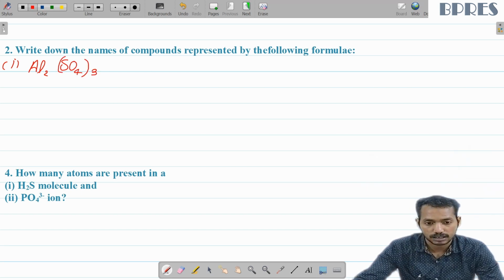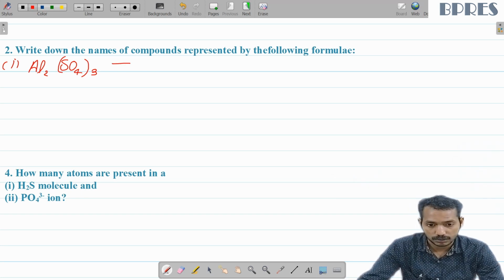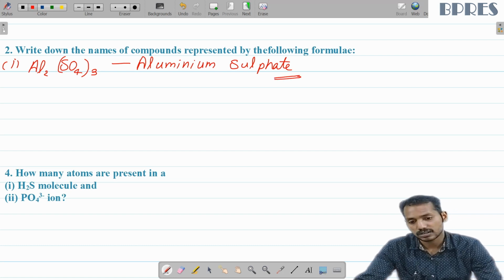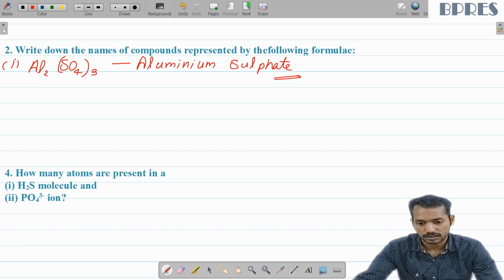What is the chemical name of the compound? Al is aluminium. What is SO4? No need to look at this number, only this one. SO4 is sulfate. Aluminium sulfate. Clear. In a similar way you can try the other options.